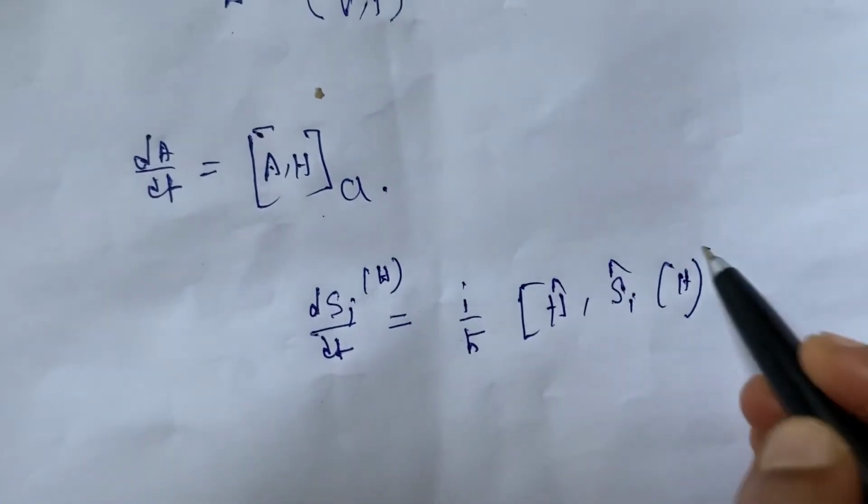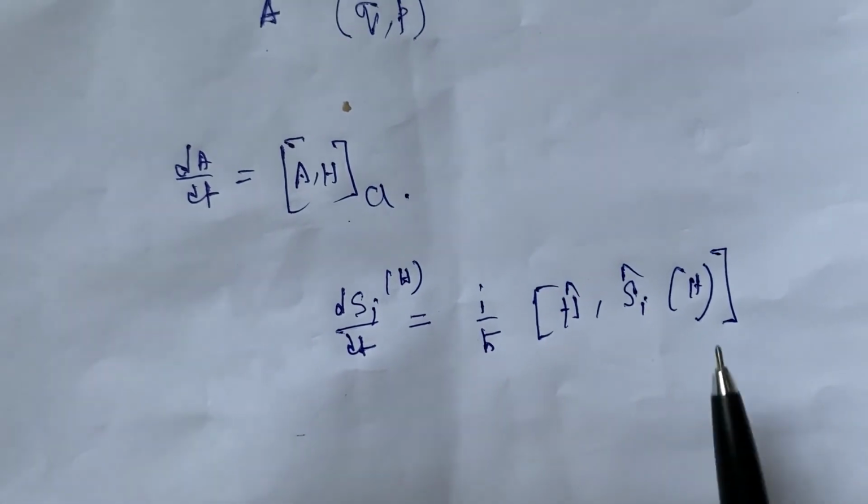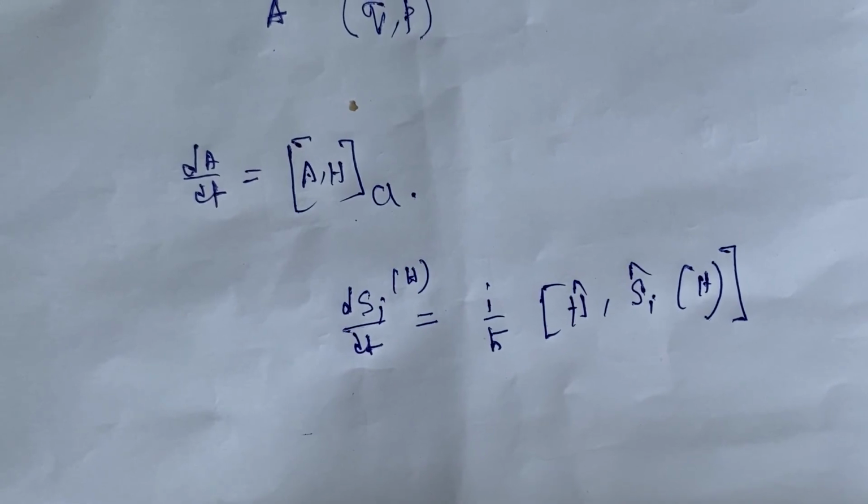Now this spin does not have any classical analog, because the spin is not a function of generalized coordinates and generalized momentum.